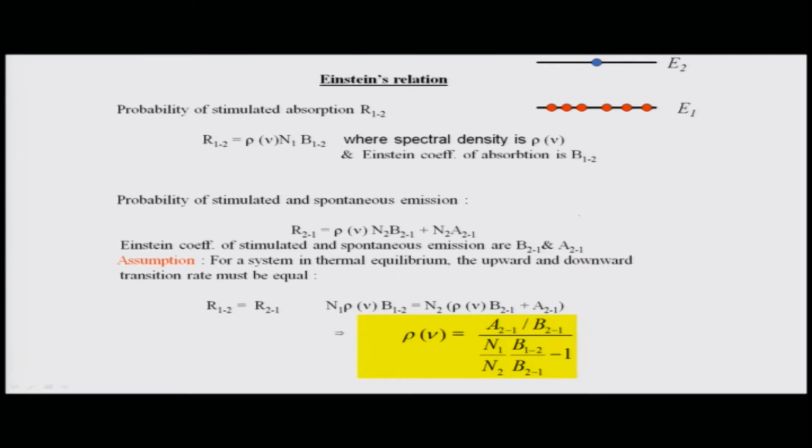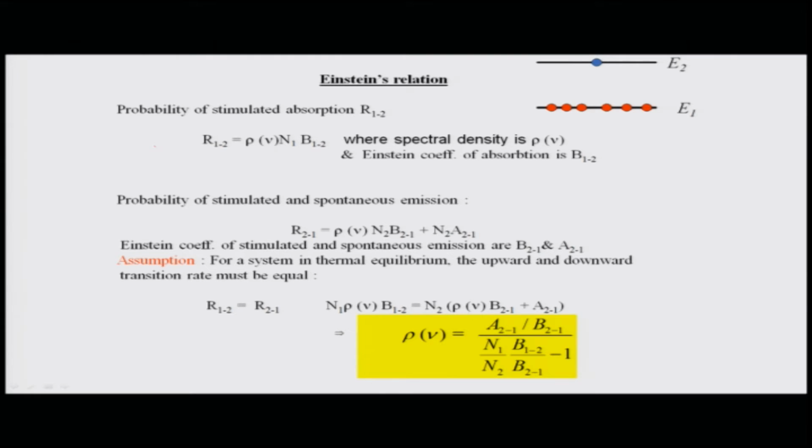We also looked at the Einstein's relations, which gave rise to the conditions that we are now talking about. The coefficients that we had defined are the Einstein A and B coefficients, and they can be labeled as B12 versus B21, depending on whether we are looking at absorption or at stimulated emission.